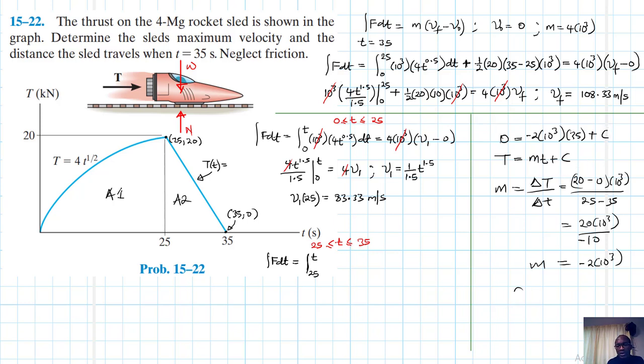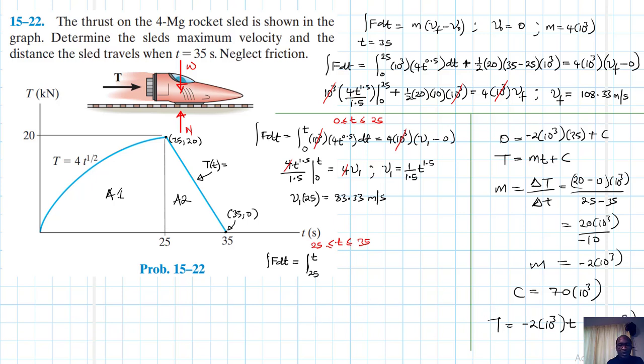Therefore our c is just going to be equal to 70 × 10^3, right? 2 by 35. Alright, and therefore F is just going to be equal to minus 2 × 10^3 t plus 70 × 10^3.